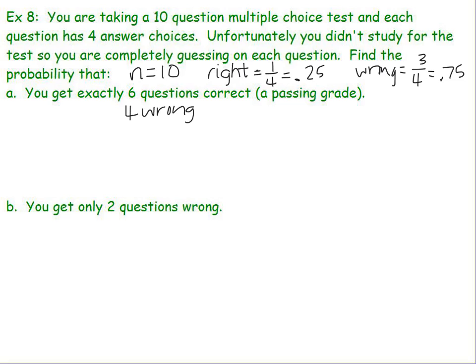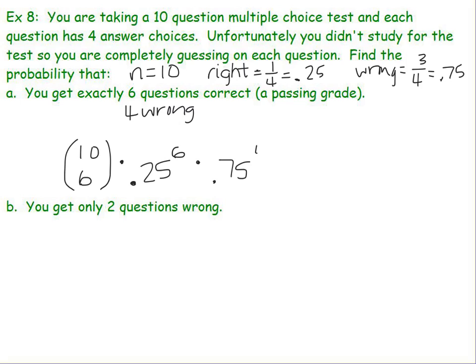So let's start with our combination. There are 10 questions that we are answering, and we need 6 of them to be correct. The probability for being correct, I'm going to put times here, is 0.25. There's a total of 6 of those. Times the probability you get it wrong is 0.75.